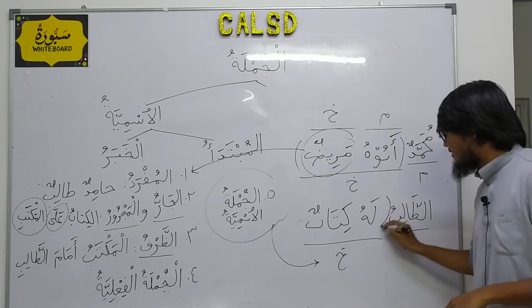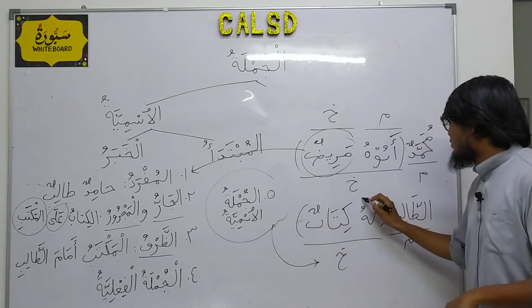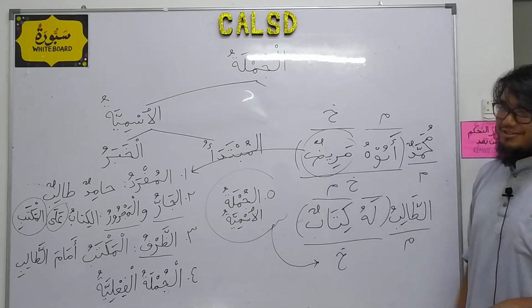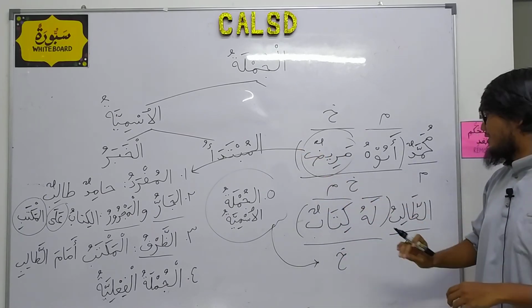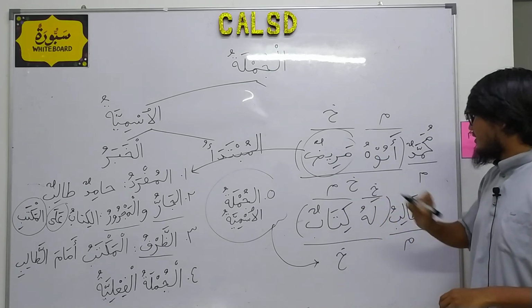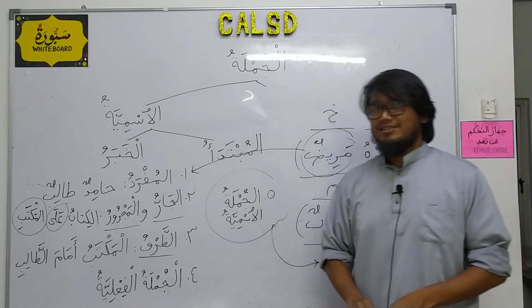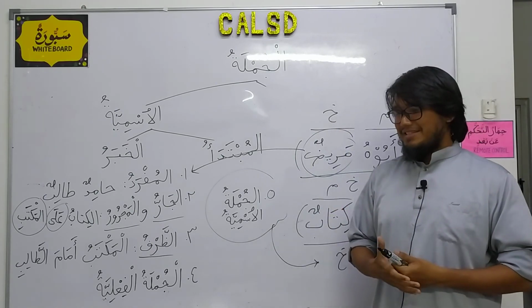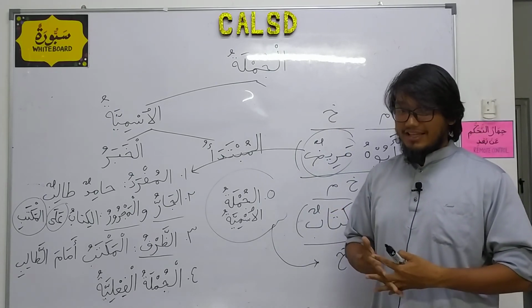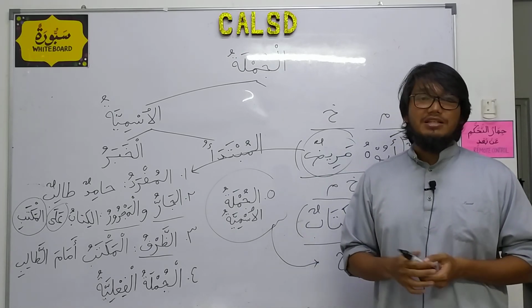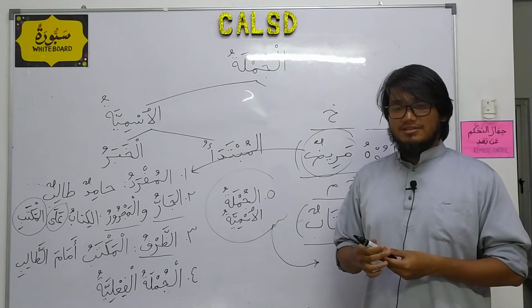In this small sentence, lahu is not the mubtada, it's kitabun. This is another topic by itself, which I didn't explain just now. Lahu is the khabar. What type of khabar? Jar wa majrur. This is some of what I've learned throughout this Madinah syllabus.